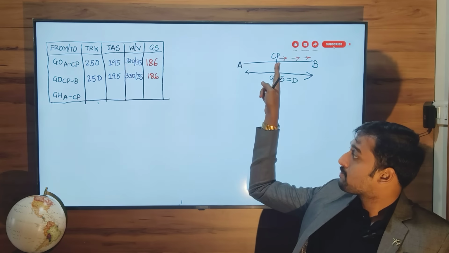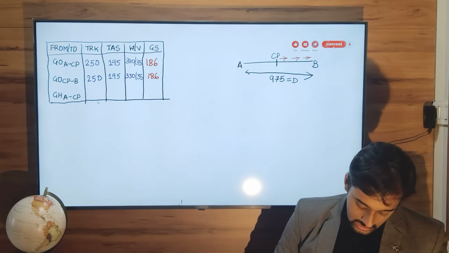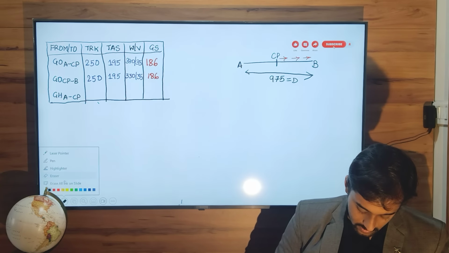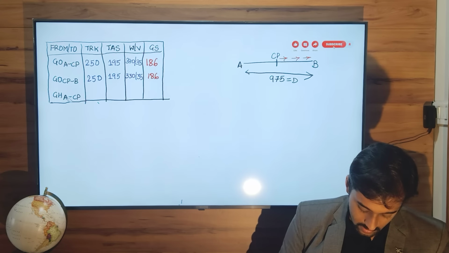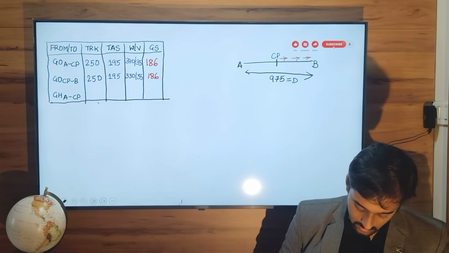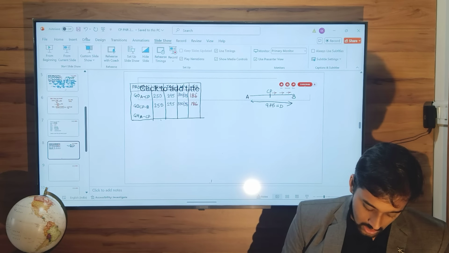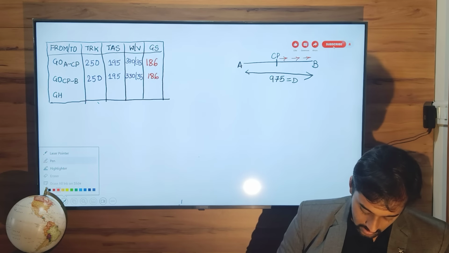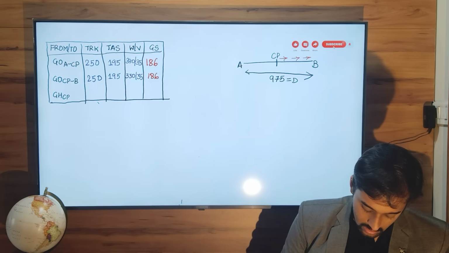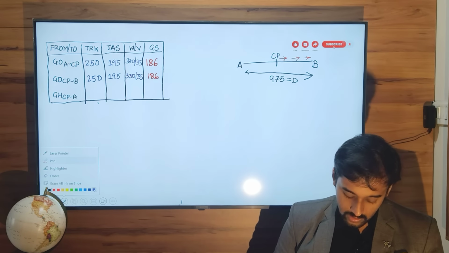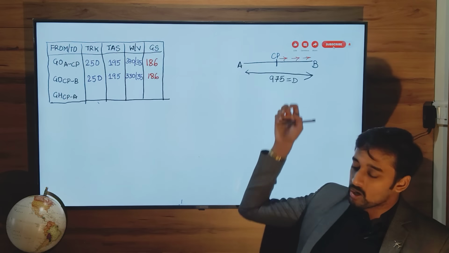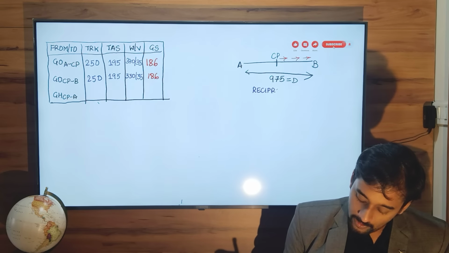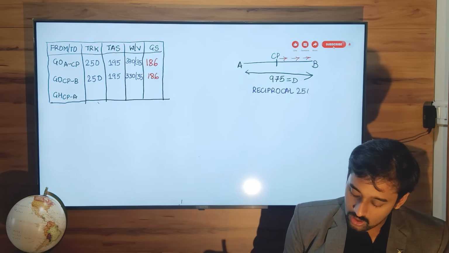You're coming back from CP to A. Coming back from CP to A. So your direction of flight will be the reciprocal of 250, right?